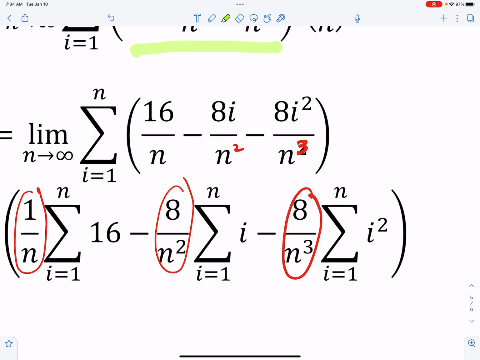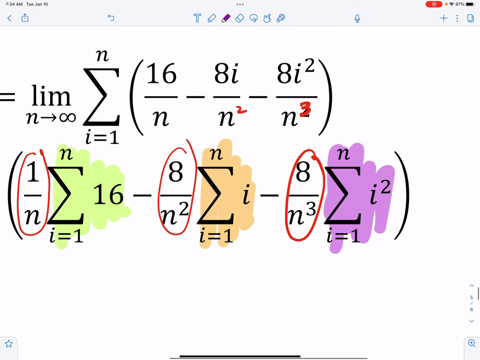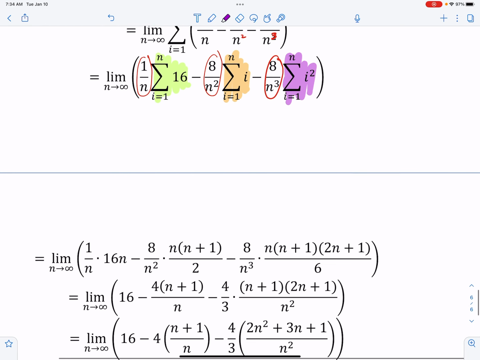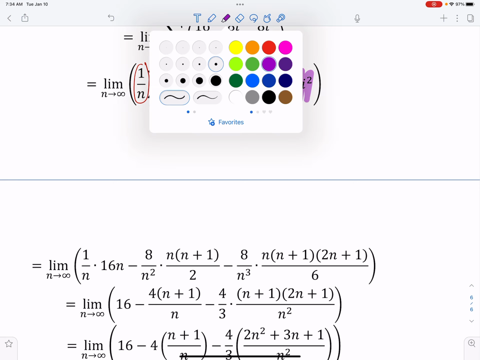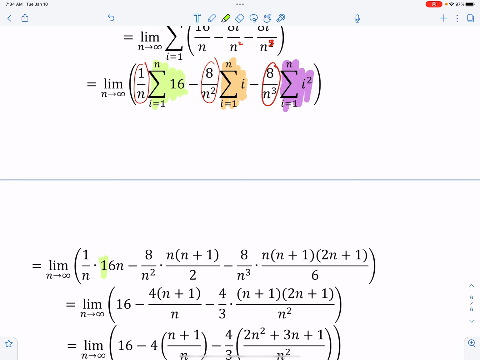And then we know the summation formulas for evaluating each of these sums. So replacing those sums with the summation formulas, we have 16, n times the quantity n plus 1 over 2, and then times n times the quantity n plus 1 times the quantity 2n plus 1, all divided by 6.